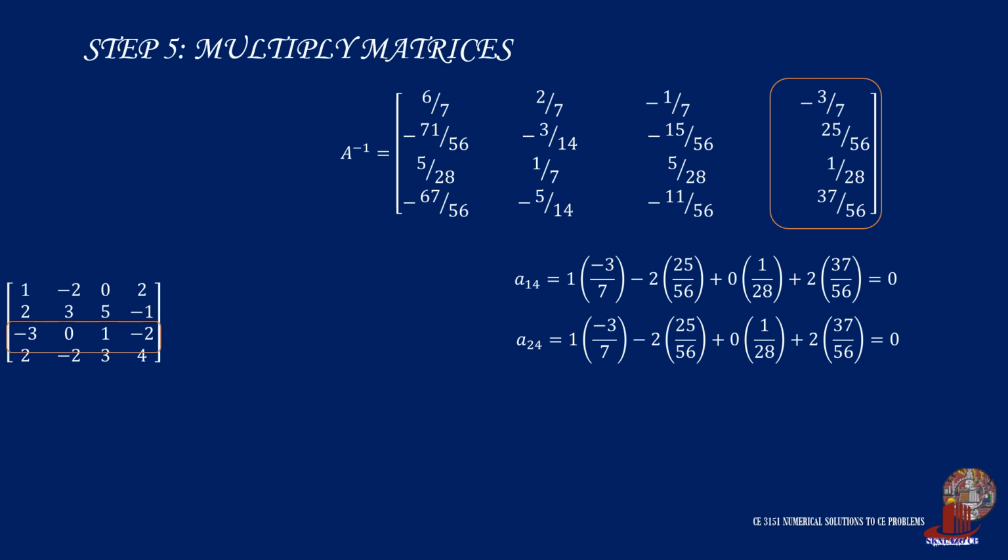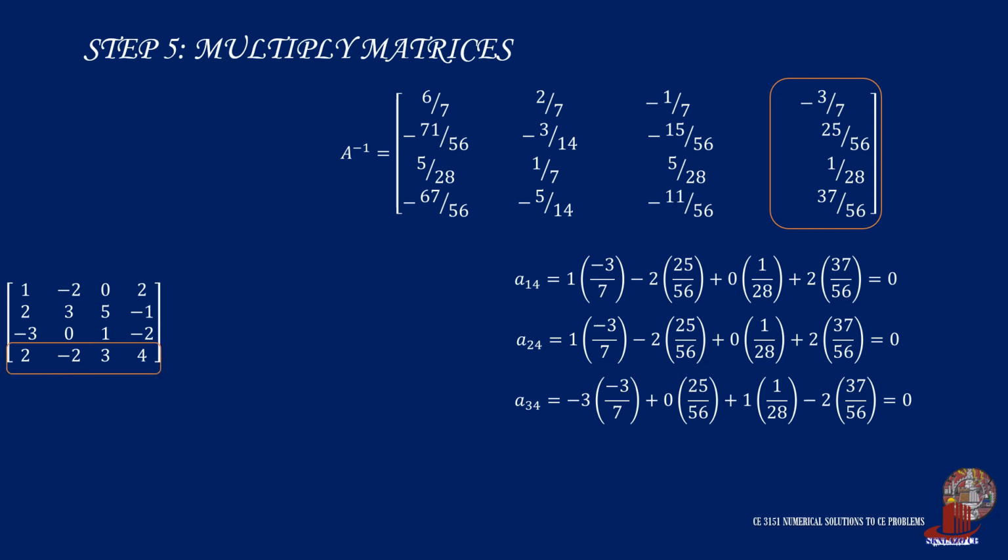Element A34 has -3 times -3/7 plus 0 times 25 over 56 plus 1 times 1 out of 28 minus 2 times 37 all over 56, and this is equal to 0 again. The last element has twice of -3 over 7 minus twice of 25 over 56 plus 3 times 1 all over 28 plus 4 times 37 over 56. This is simplified as 1.